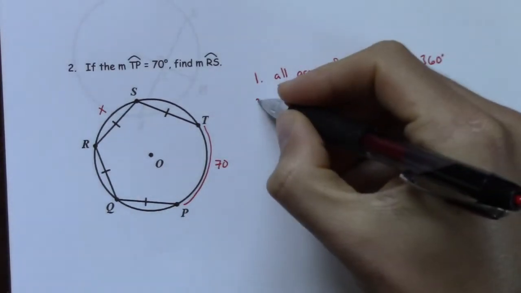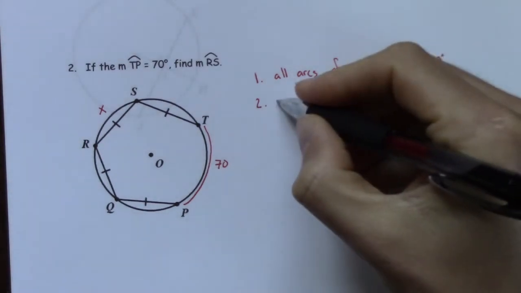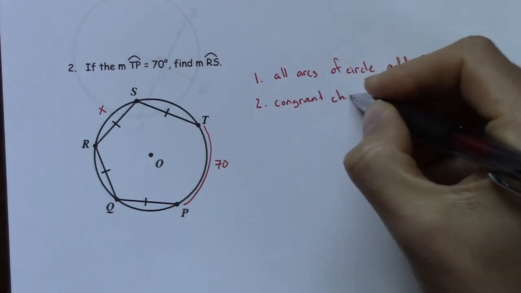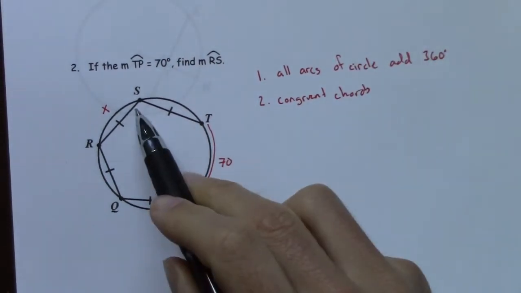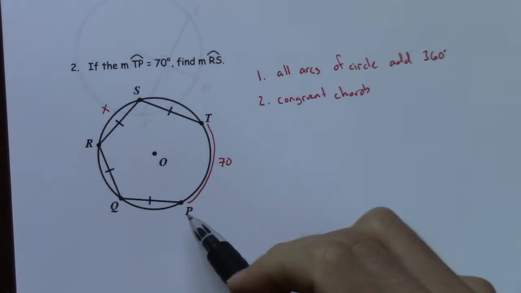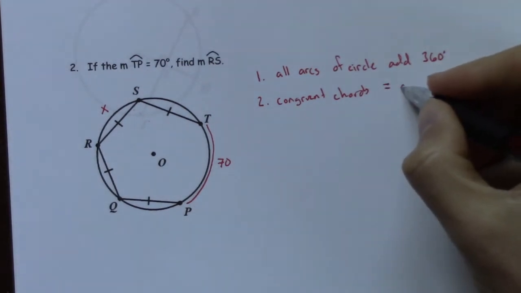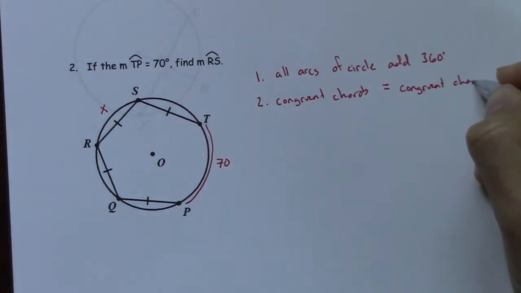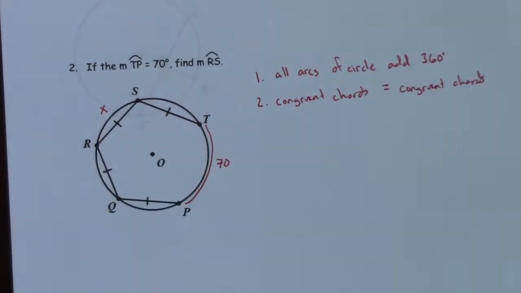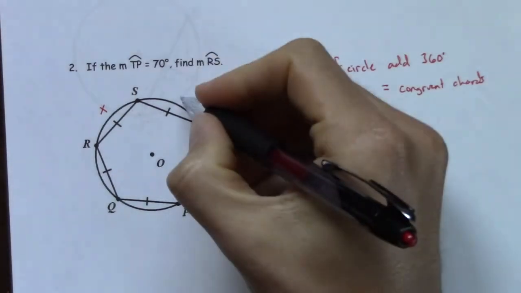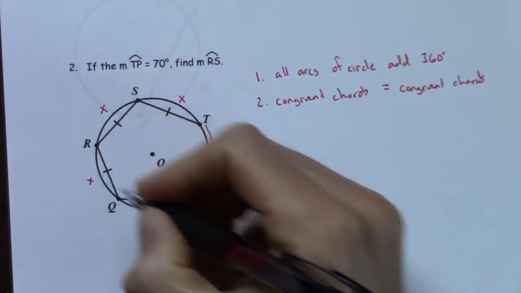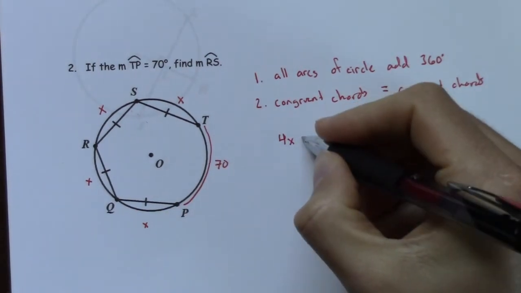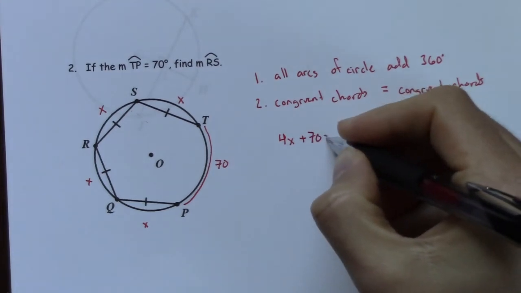And we also can take advantage of the detail that congruent chords, those are these straight segments, ST, SR, RQ, QP, have congruent arcs. So we could look at this problem and say, hey, if RS is X, then all of these must also be X, meaning our whole circle must be 4X plus 70 equals 360.